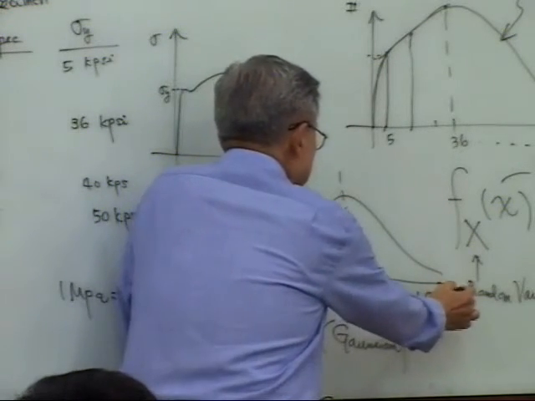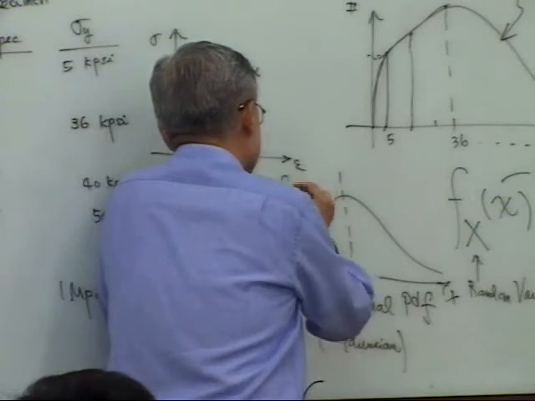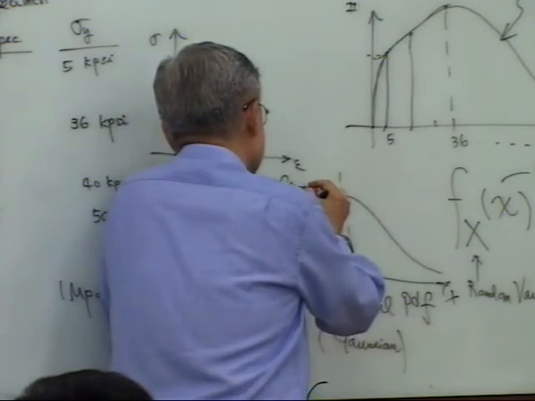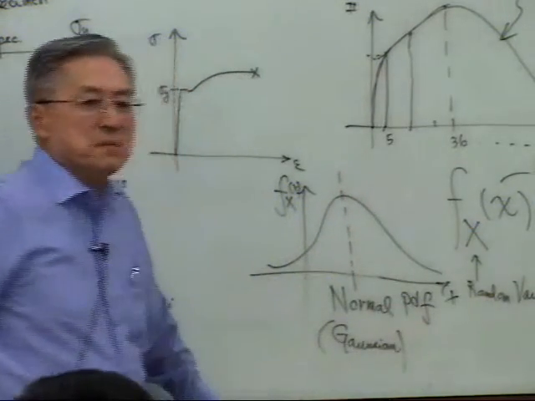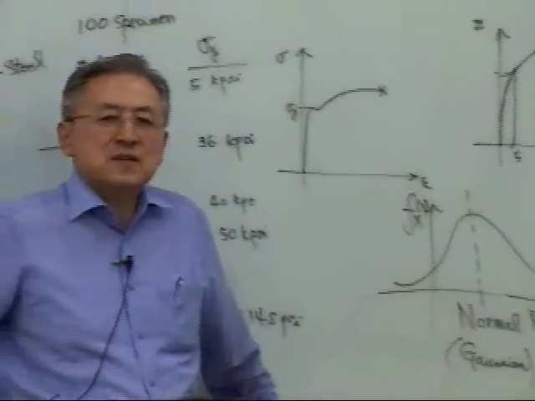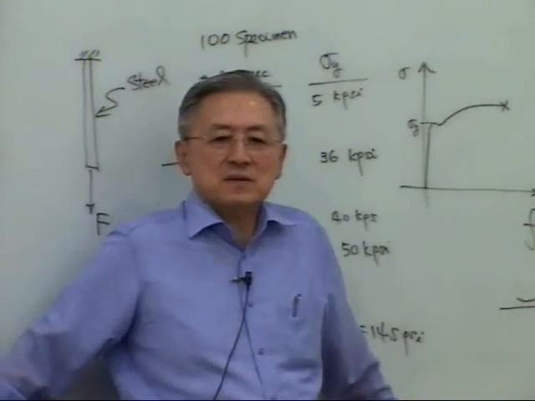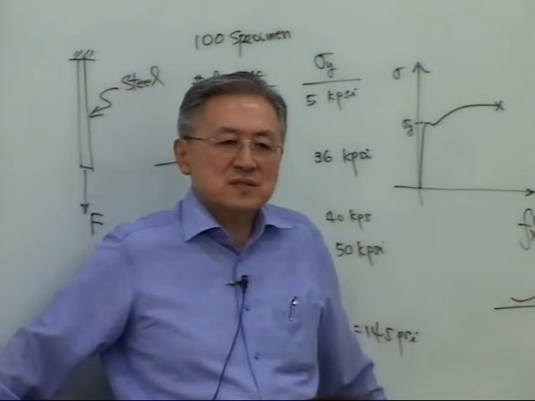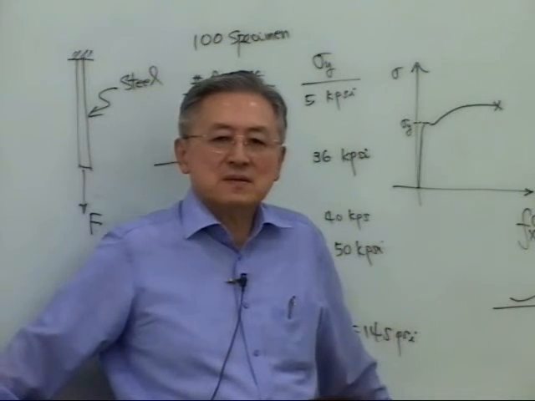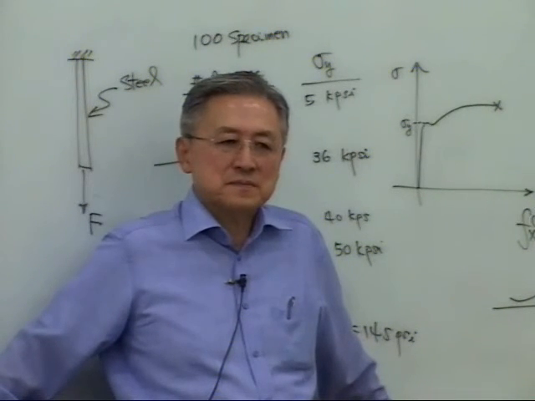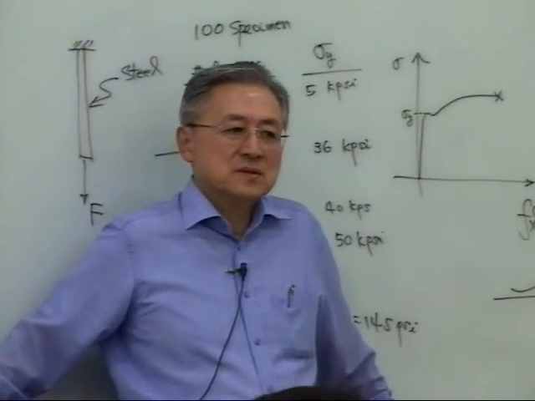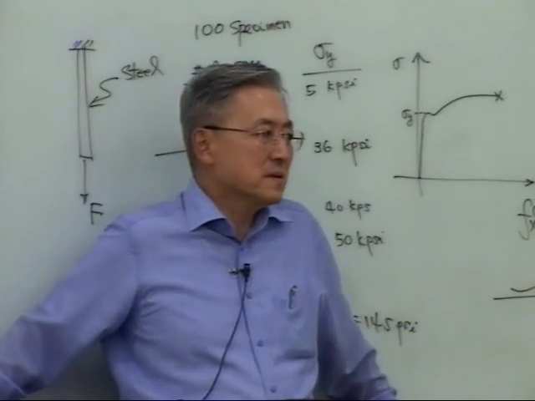So this could be x, and this could be f_X. Typical model, lots of physical phenomena fit this model, like yield stress. This is a perfect model for Gaussian. Okay, we'll stop here.